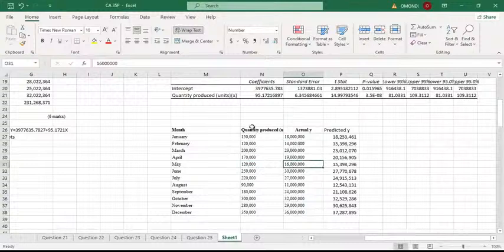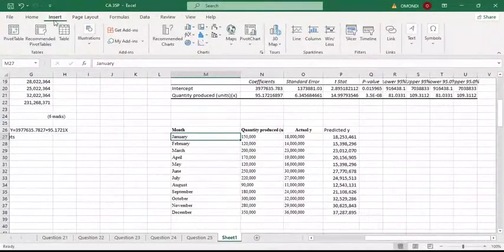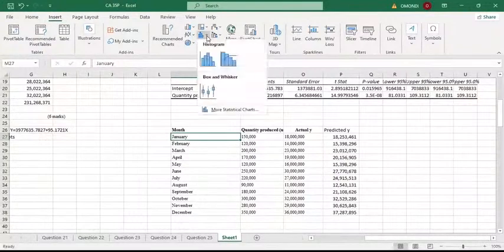If I use this one as the X, it will also give me problems because I have a similar value with different values of Y. So I cannot use production or quantities produced. The next option remaining is for me to pick the months. For the month of January, I will compare actual and predicted. So that's what I need to do, and therefore I now go to insert this one here.